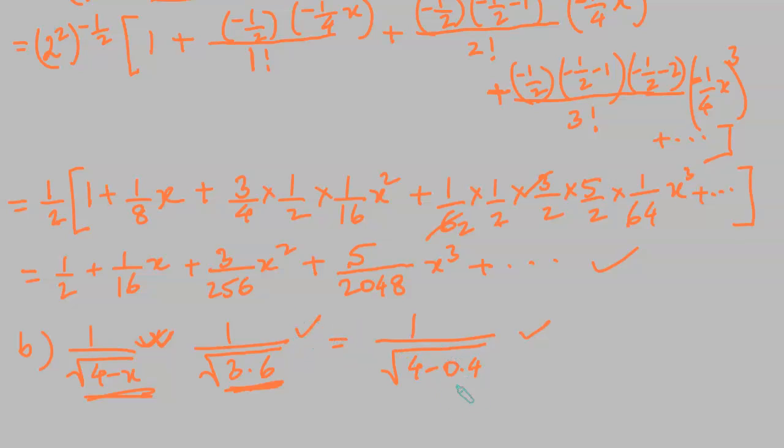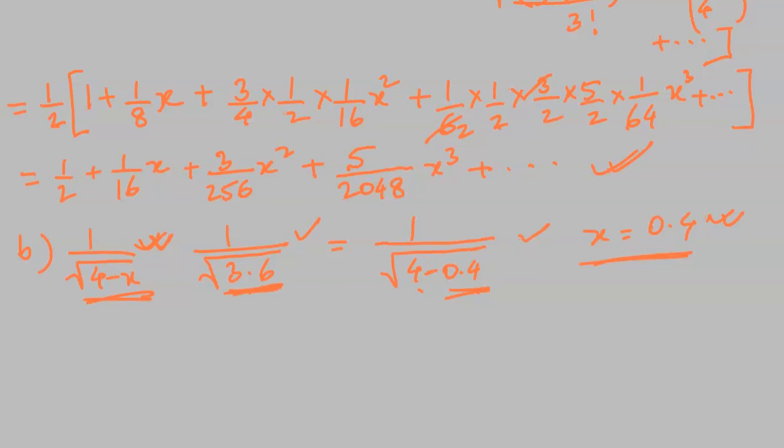Therefore, x is equal to 0.4. So we will be substituting 0.4 wherever we have x, and we will get the answer. Okay.